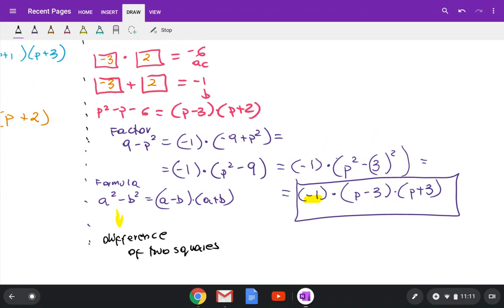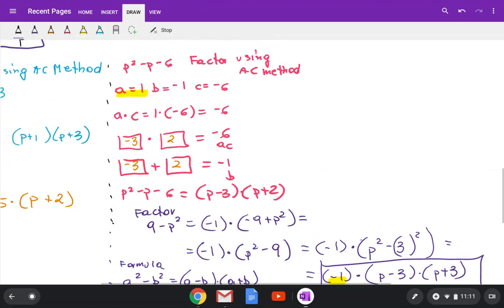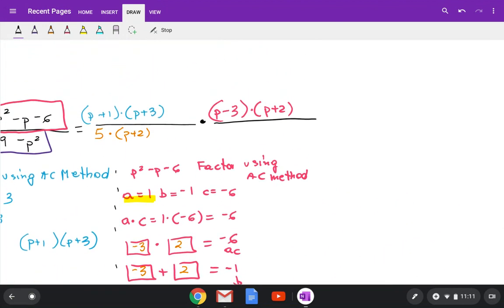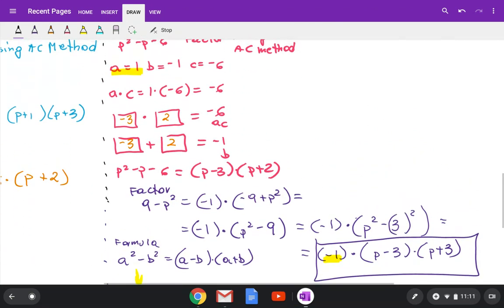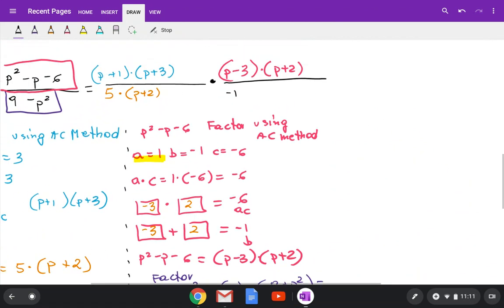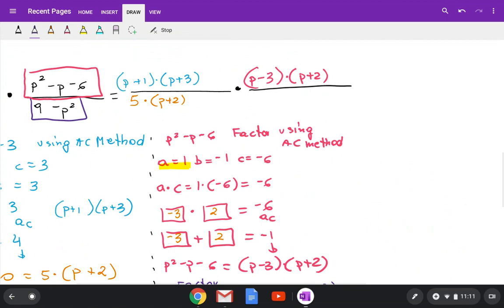And of course, I need to keep that -1. So let's go back. So here we have -1. So that 9 minus p squared, after doing all that work, we end up with -1 times p minus 3 times p plus 3. So finally, we have it.